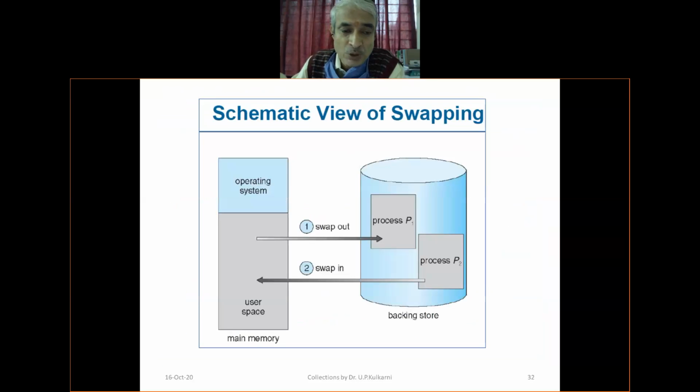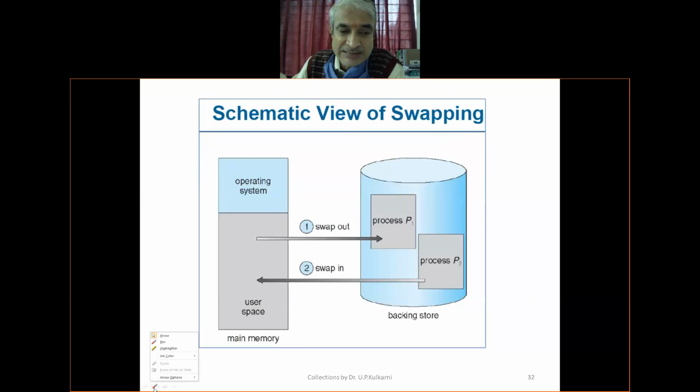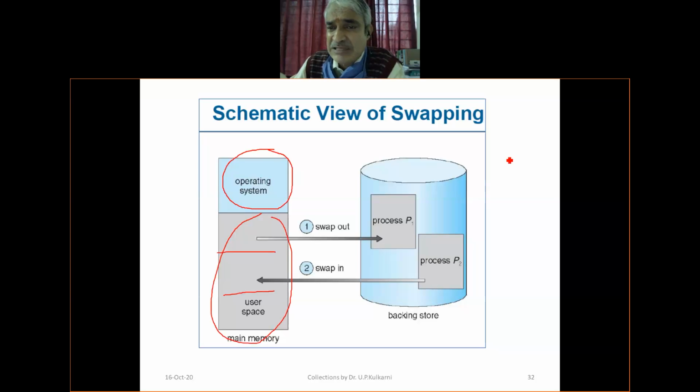Then what else is required? Let's look at another aspect. Visually you can see this. In memory, the operating system will be loaded during boot time, as I told you yesterday. Then this is the entire user space. It is partitioned into different parts, and we'll see how exactly that is done. This is your backing store, the hard disk.